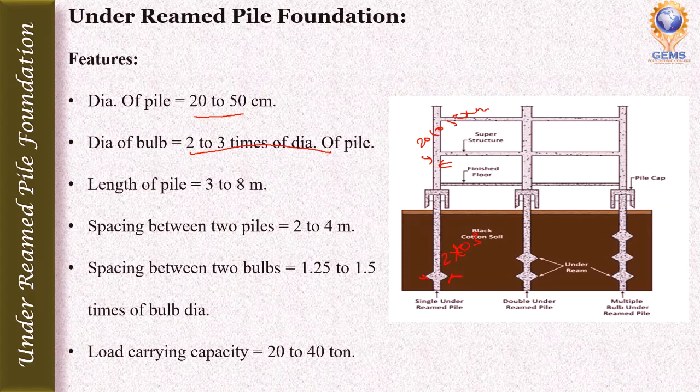The length of the pile is 3 to 8 meter, and the spacing between two piles should be 2 to 4 meter, and the spacing between two bulbs is 1.25 to 1.5 times the bulb diameter. And the load carrying capacity varies between 20 to 40 tons.